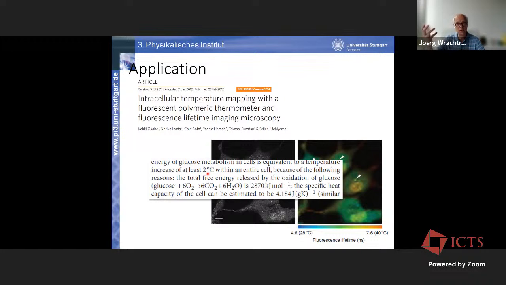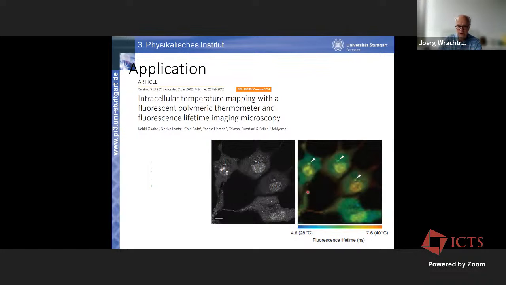So you activate certain parts of the cell, it undergoes a metabolic process. This locally heats up the cell, and this they were measuring actually with molecular, they call it fluorescent polymeric thermometers, and they were saying they were measuring temperature differences of 2 degrees Celsius. And this is what you see here in these images.